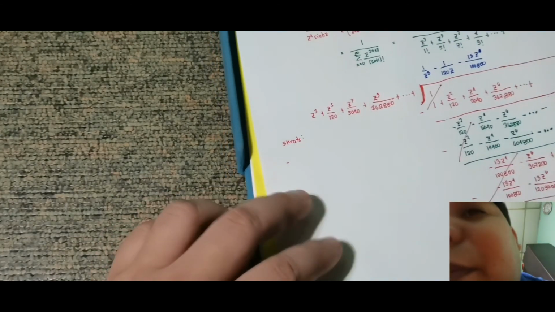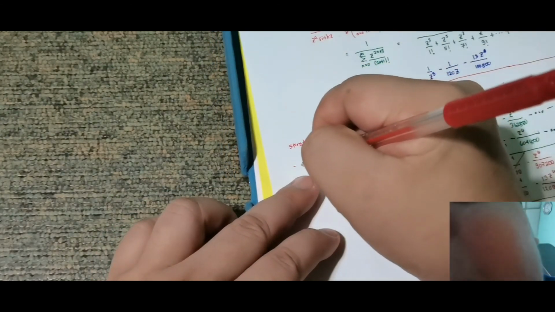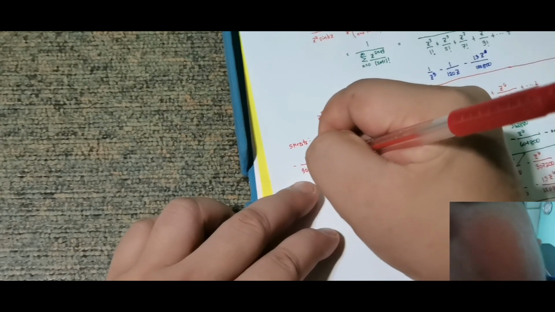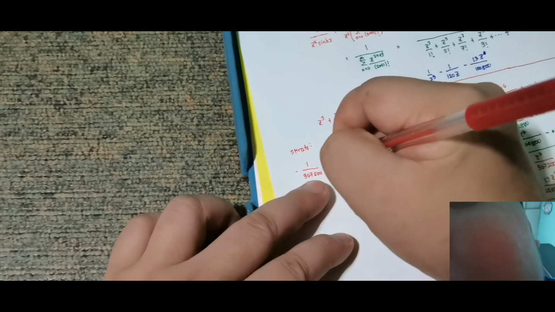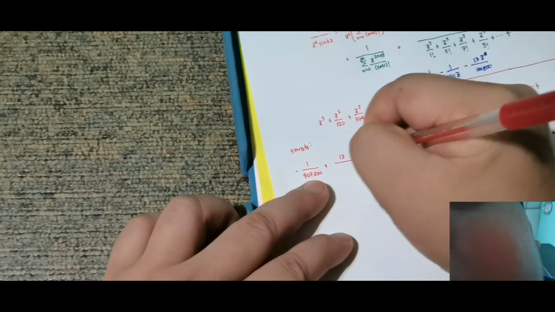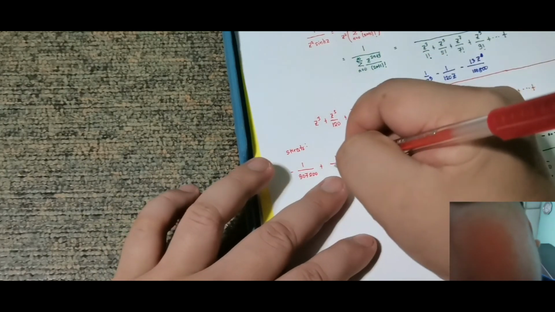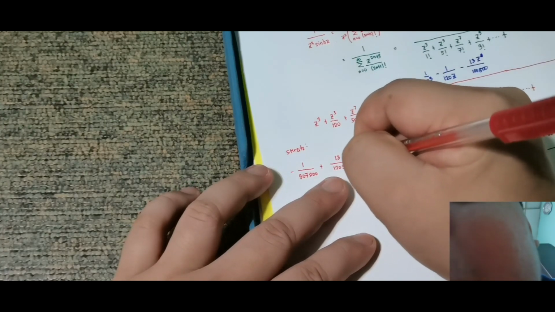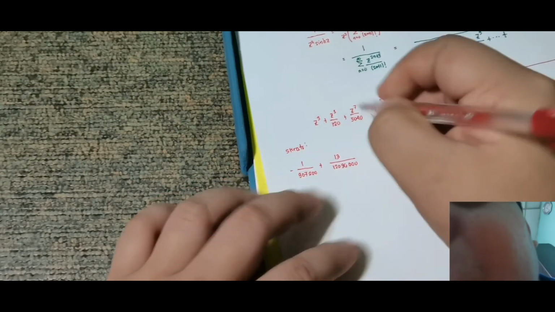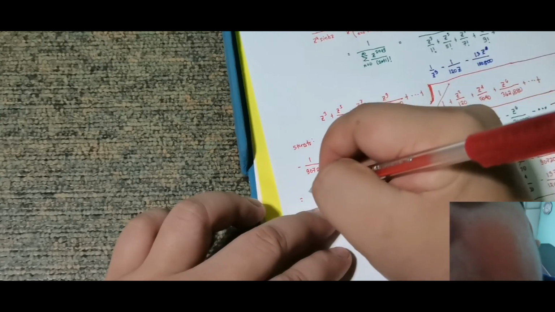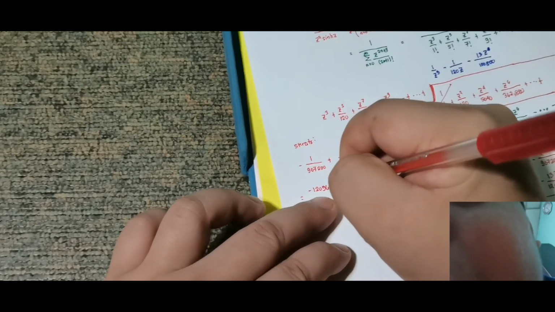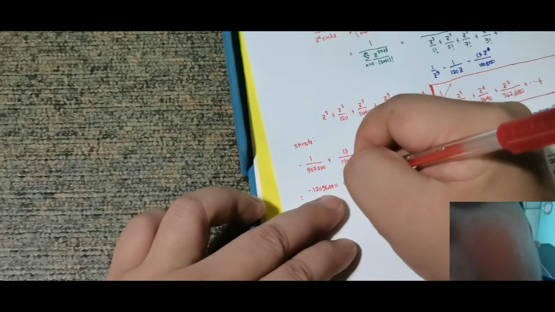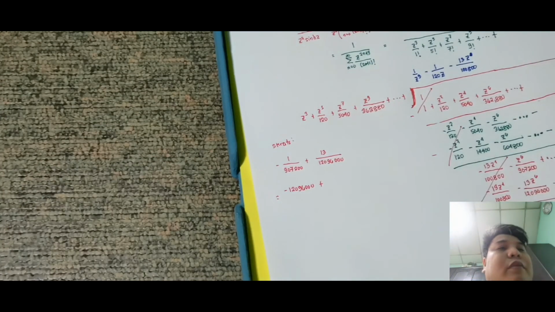That is negative 1, scratch lang to. So negative 1 over 907,200 plus 13 times 120,096,000. Okay, so cross multiply, no? So this is negative 120,096,000. Okay, then plus 13 times dito.